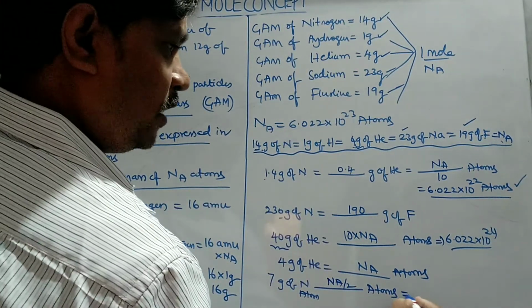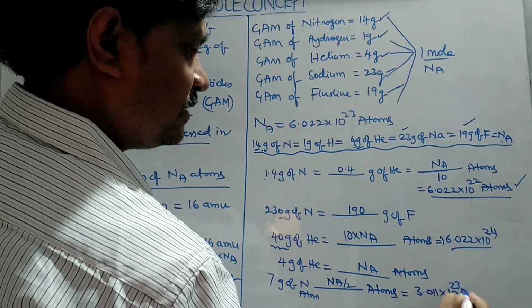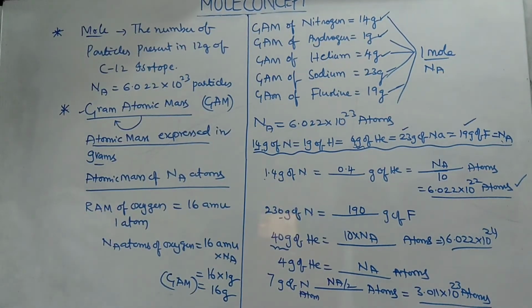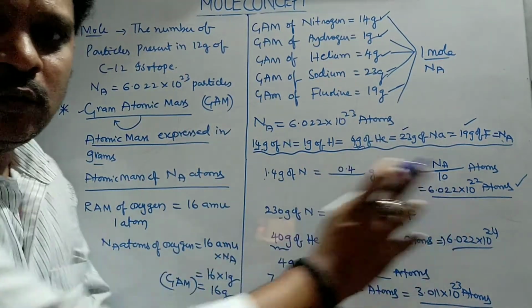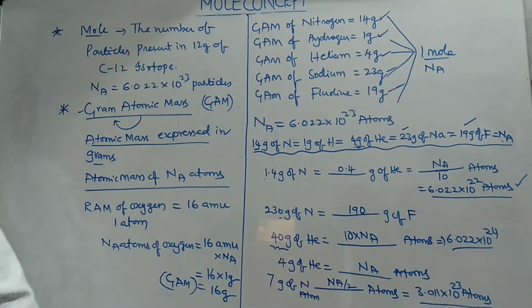What is the value of Na by 2? 3.011 into 10 power 23 atoms. Like this you can correlate and do the problems. You can understand this in a very easy way.